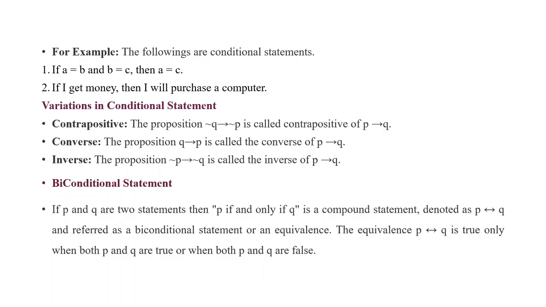The contrapositive is the proposition: negation Q implies negation P. It is called the contrapositive of if P then Q. Converse means the proposition if Q then P; it is called the converse of this statement.